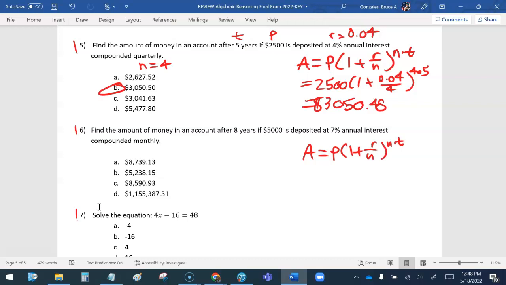And one more. So find the amount of money in the account after 8 years. That's my time. If principal is 5,000 at a rate of 0.07, compounded monthly, n is 12.